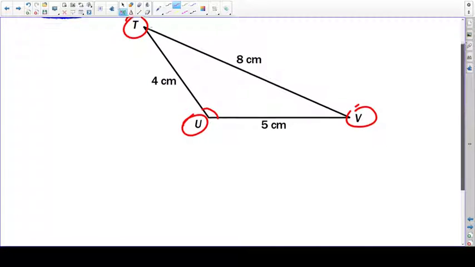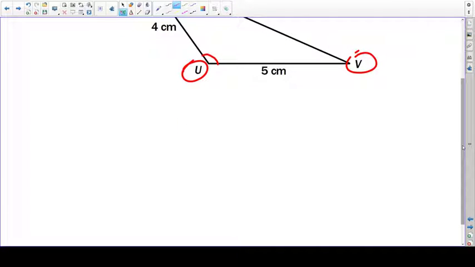And the letter that's going to be on the outside is going to represent the angle that we're looking for. So that's U. So it's going to be U squared equals T squared plus V squared minus 2 times T times V times the cosine of angle U.